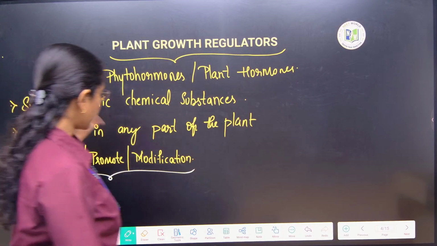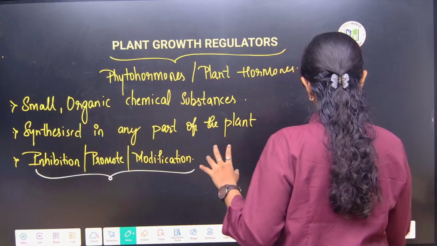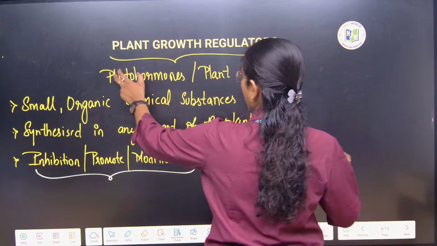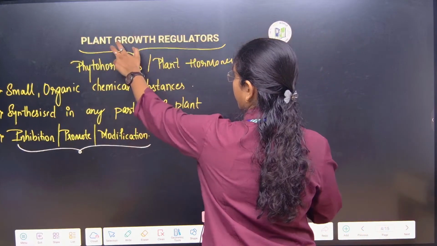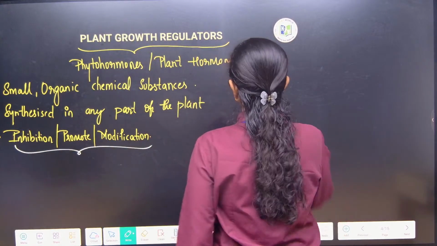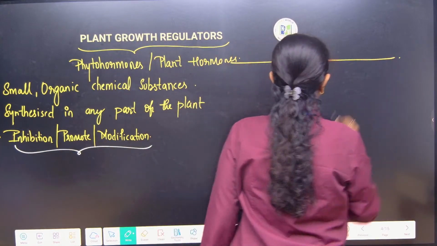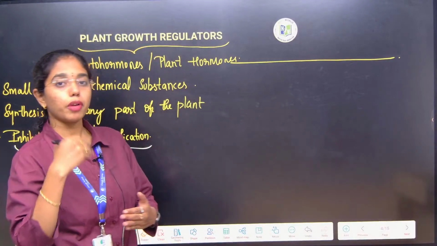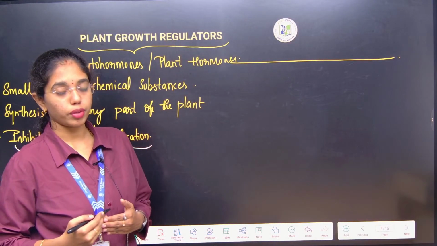What are the types of plant growth regulators that we are going to learn? So, first, as we have discussed, they can either promote or inhibit the growth of the plant.